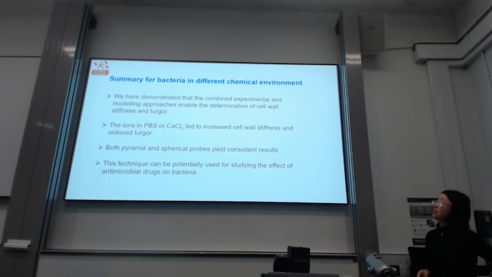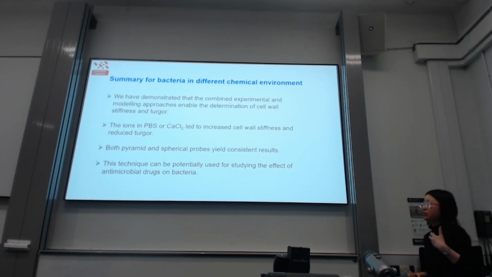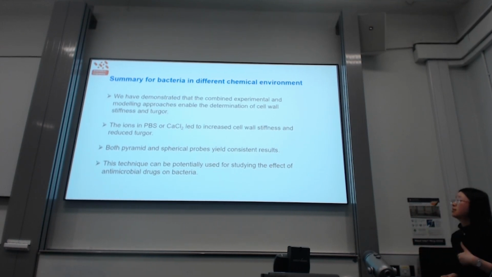So here we have demonstrated that when we combine modeling and nanoindentation, we can simultaneously determine the cell wall stiffness and the turgor. When you change the ions in the culture medium, that also affects the cell wall stiffness and the turgor.